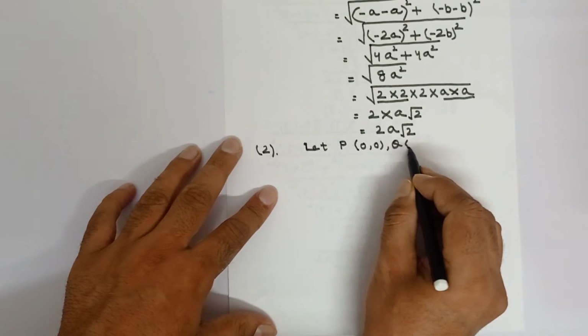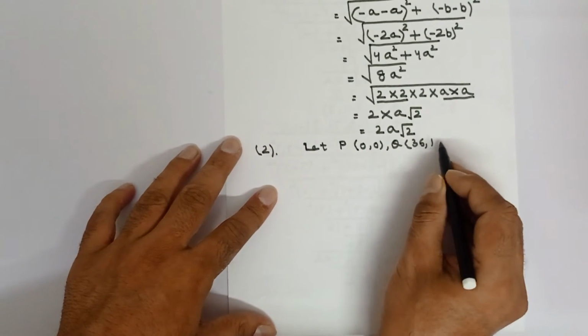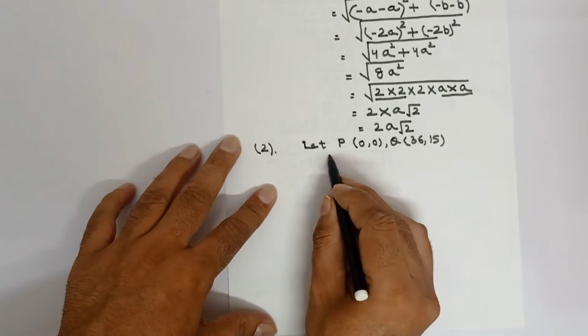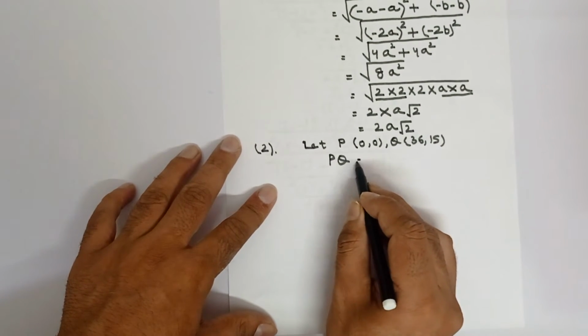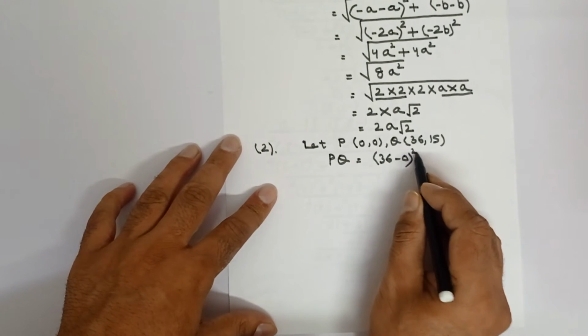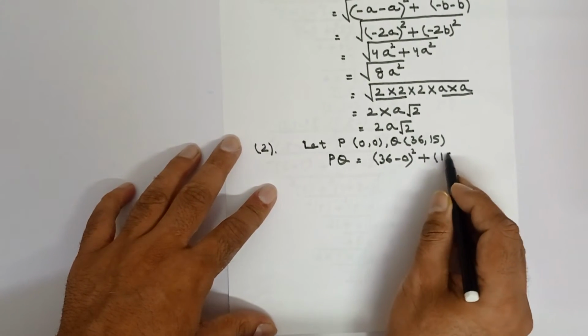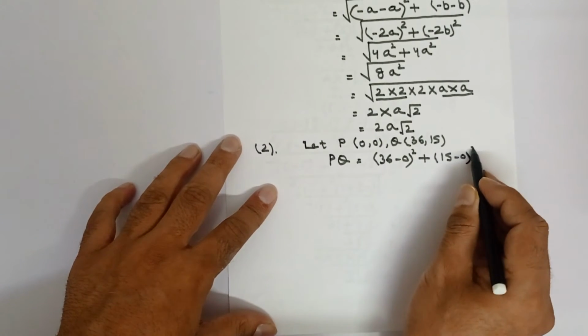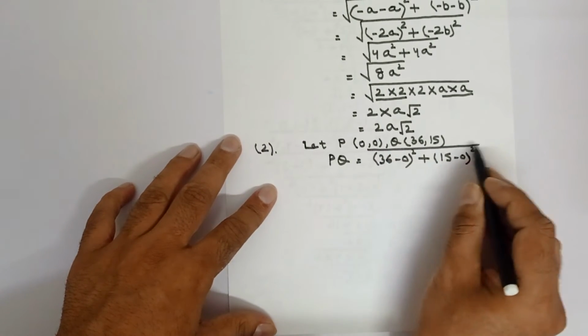Q has coordinates 36, 15. So PQ will be what? X2 minus X1 whole square, 36 minus 0 whole square plus 15 minus 0 whole square under root.